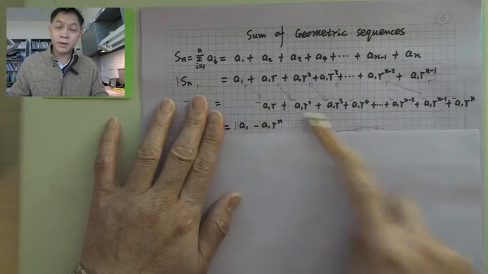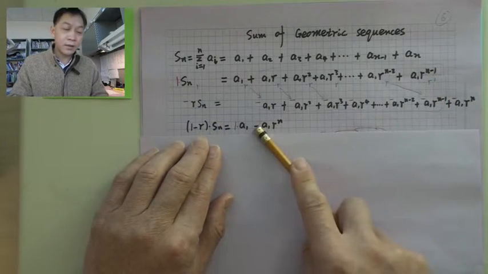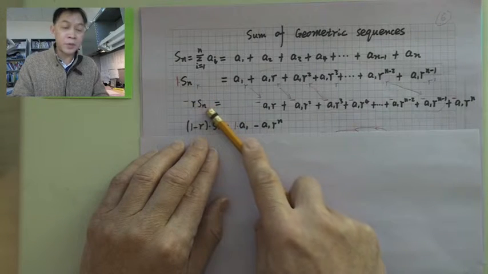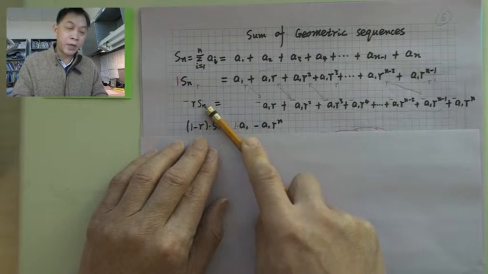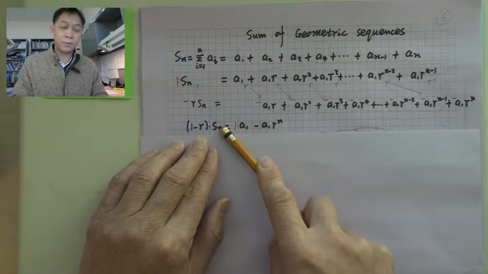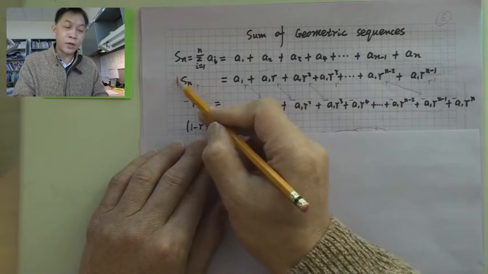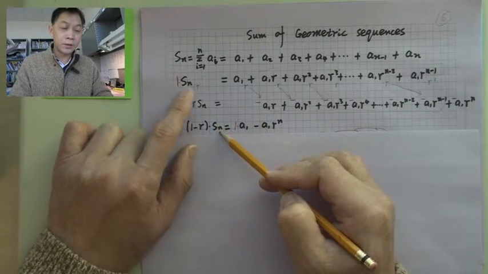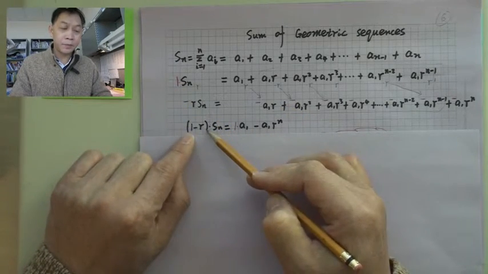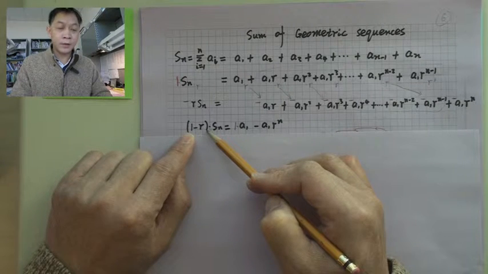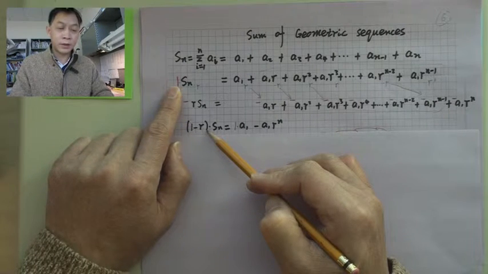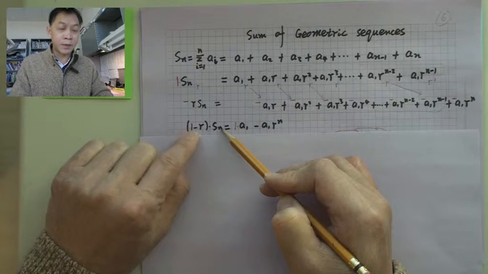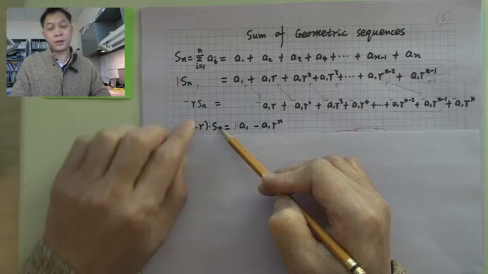That's the right hand side. Left hand side, you have S sub n minus r times S sub n. So you can pull S sub n out. There is a 1 in front of S sub n. Then when you pull S sub n out, you have 1 minus r, because 1 is left. So left hand side is 1 minus r times S sub n.